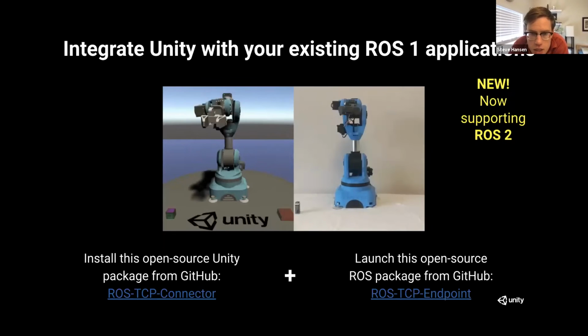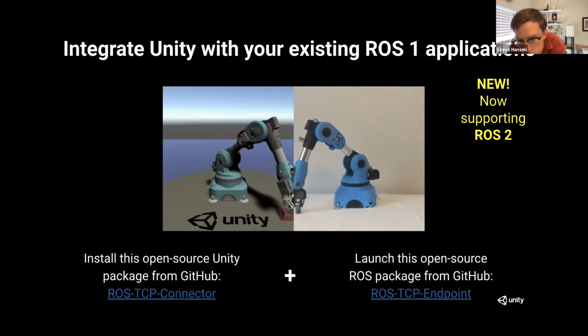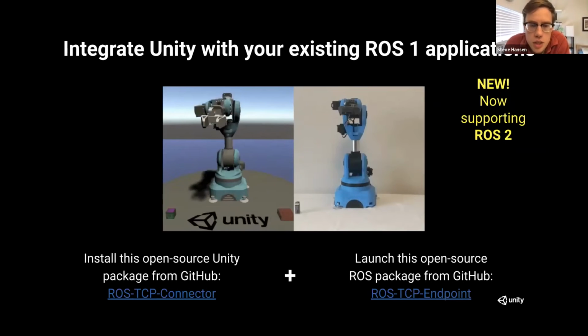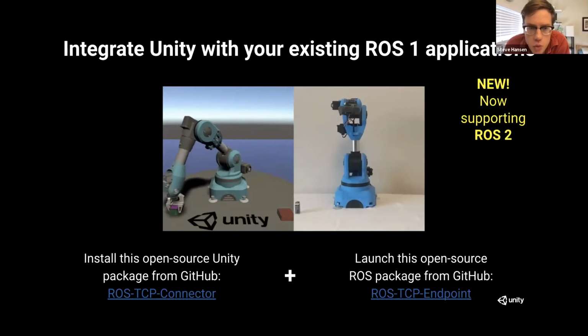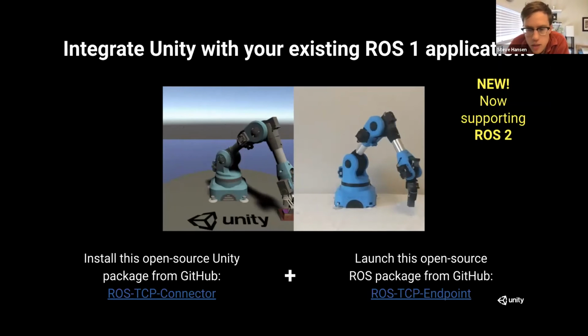And then you can see that same code running against a real robot. And you could even link the real robot running through the TCP connector to a virtual form of that, like a digital twin, if we want to use the buzzword, to make sure that the URDF that we imported is mapping directly to the physical robot.